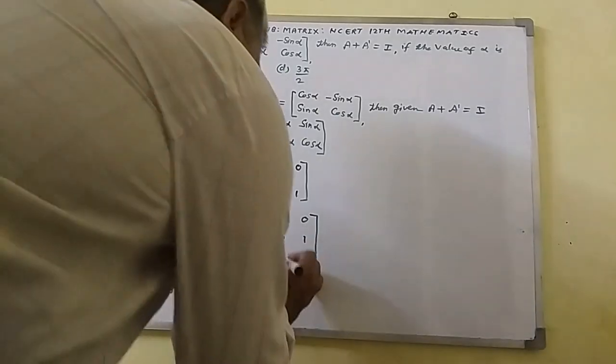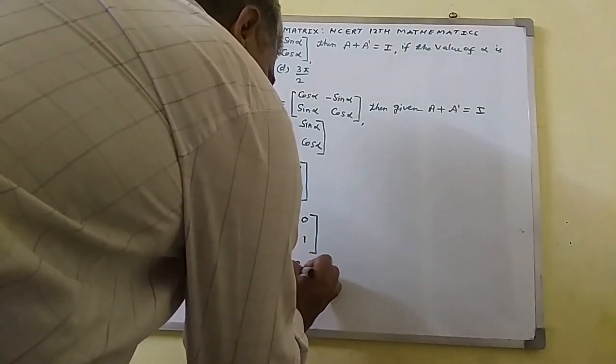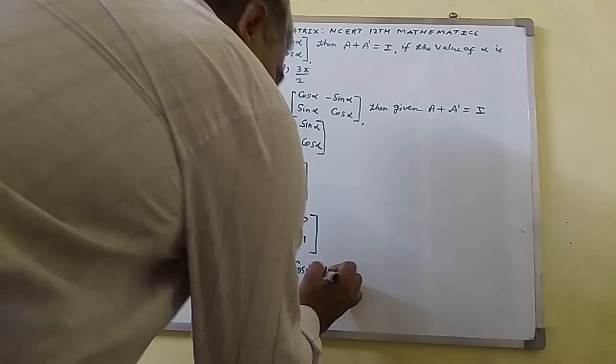So here I shall write 2 cos alpha equal to 1.